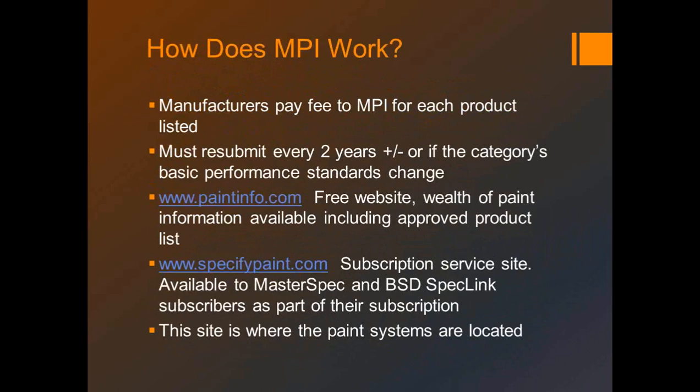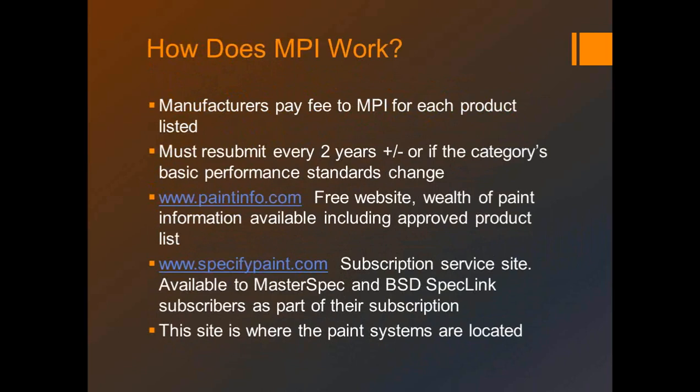So one of the things that people like about MPI is there's a certain level of objective evaluation of the products, but of course somebody has to pay for that. Yes, and paint manufacturers pay for that. We pay every 3 years, or anytime we submit a product to MPI, we pay a fee to get a product listed in an MPI category.